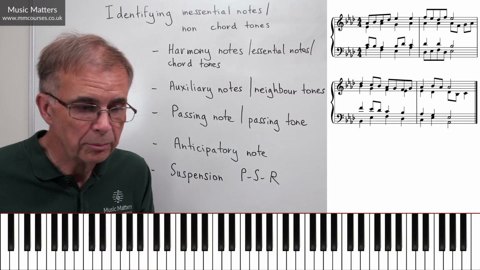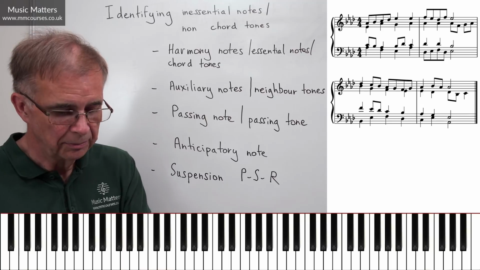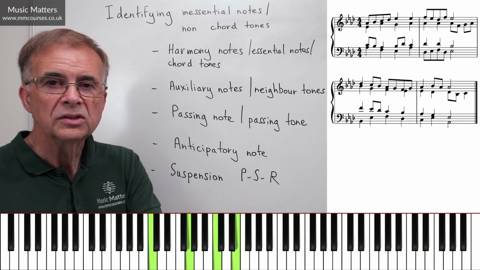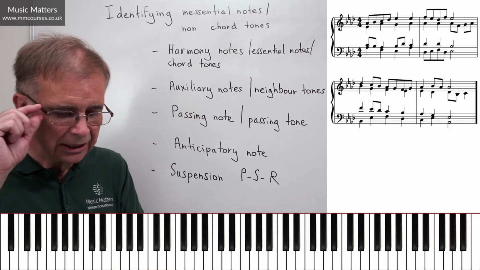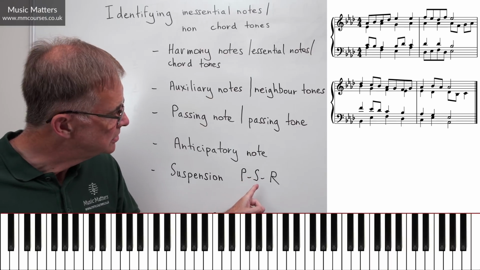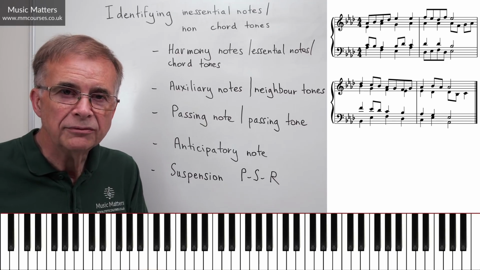Now you can be even more elaborate. You can decorate your suspension by doing something like this. So if you want to do something like that, absolutely fine. If I want to label that suspension, by the way, I use 2 numbers to describe S and R, and the numbers refer to intervals above the bass.